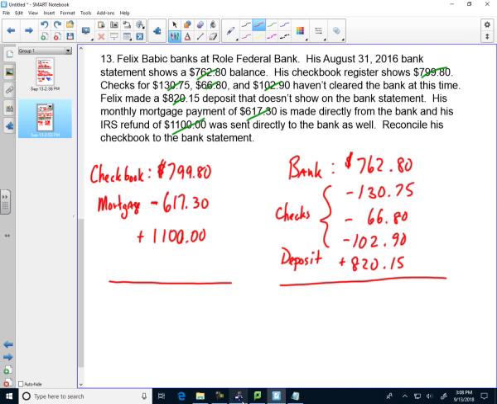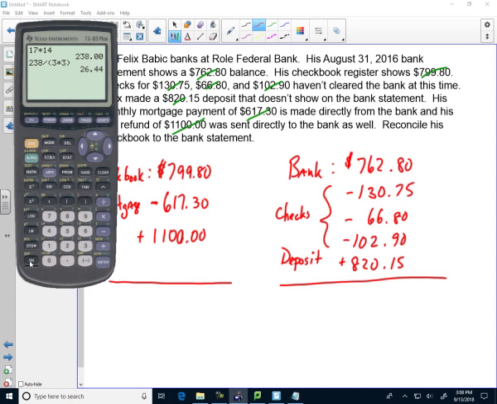And this is just one more situation where having the graphing calculator with the big screen makes your life a whole lot easier, because you can see all the numbers that you put in there. And if you happen to make a mistake, you can go back and edit it too.